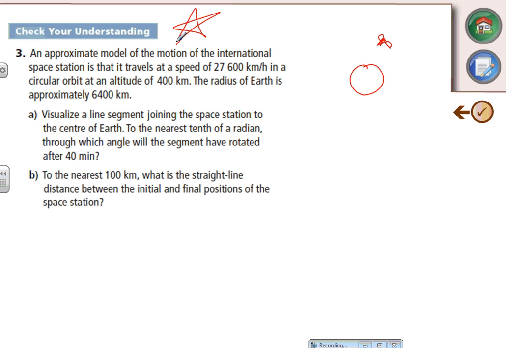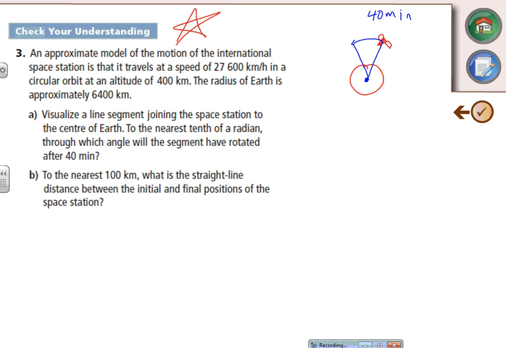Great. To the nearest tenth of a radian, through which angle will the segment rotate after 40 minutes? Whew, we need to know how far it has traveled and go from there.